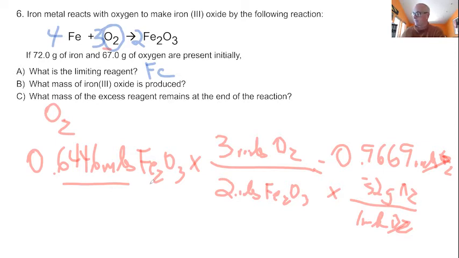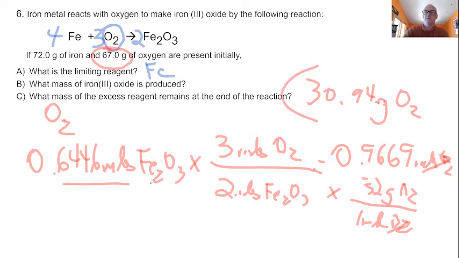So 32 times 0.9669, I used 30.94 grams of oxygen. How much did we start with? 67. How much did we use? 31. What's the difference? That's the mass of the excess reagent at the end of the reaction.